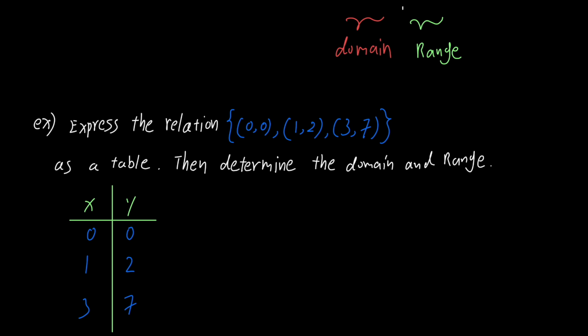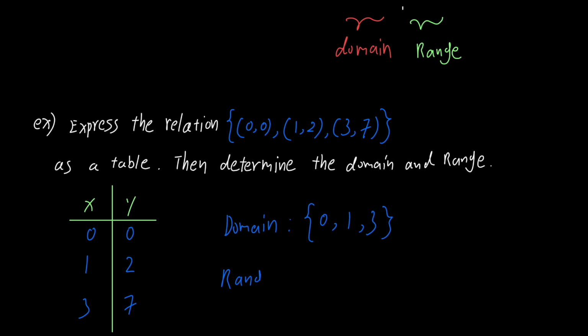So any number along the x-coordinate we call the domain. Because there's more than one number, it's a set of numbers, so we use a grouping symbol to group them. So this is 0, 1, and 3.